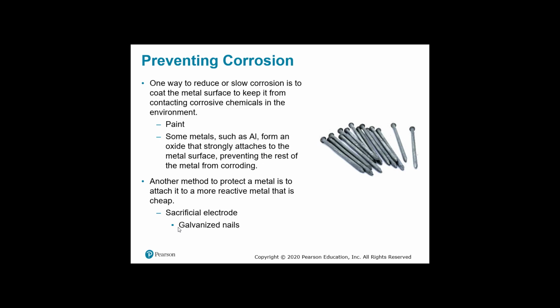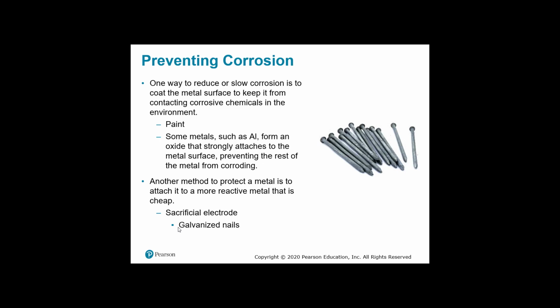So some metals like aluminum will actually form an aluminum oxide, and that substance is no longer aluminum, but a different substance related to aluminum with an oxide, and it's resistant to rusting. So as long as that's covering it, that metal is not going to corrode anymore. Another way is to protect a metal by attaching it to a more reactive metal that is cheap.